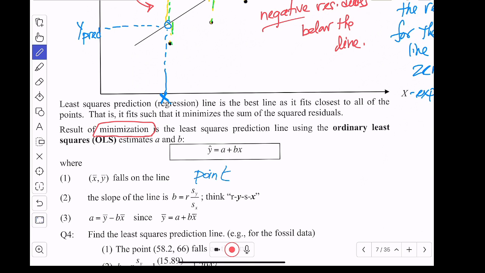So you need to know how to interpret this result. This is a point on the line. If I have a point and I have a slope, I can calculate the line mathematically. So that's what we're going to do.